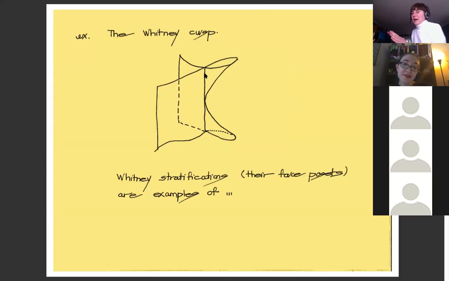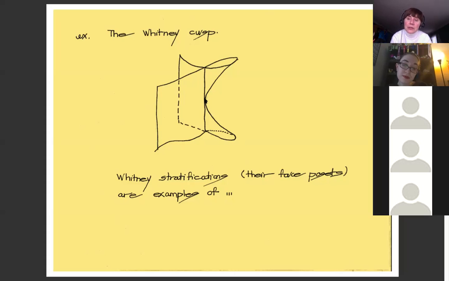You see a sheet, a sheet, a sheet, a sheet. You see four things. But as you shrink down to the origin, all of a sudden there's nothing in front of you and there's two sheets behind you. So to stratify this properly, we would have to split this line. We would have to declare the origin to be its own strata. And if we do that, then everything works great. It doesn't matter where you're standing on the strata, you're going to get the same answer.